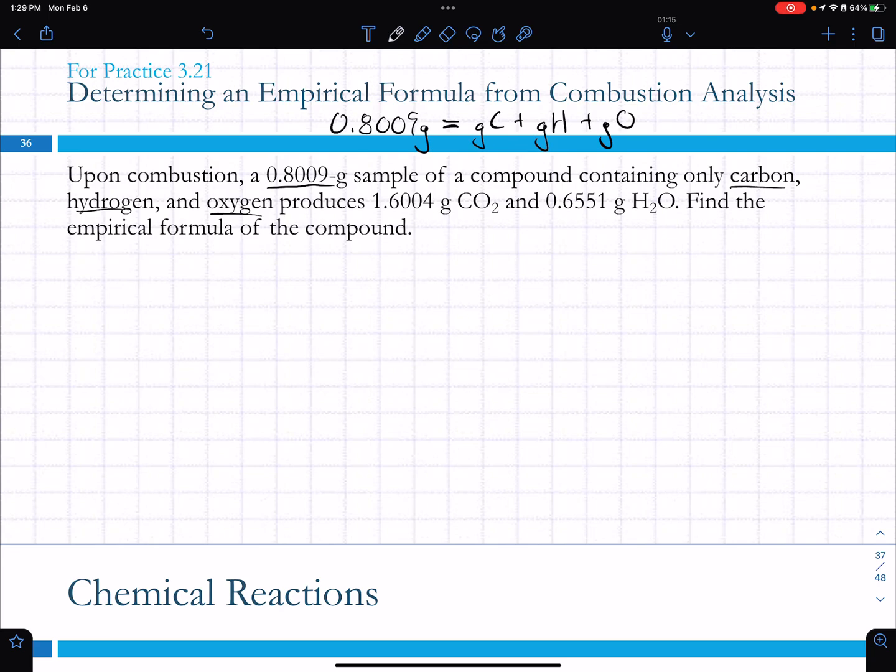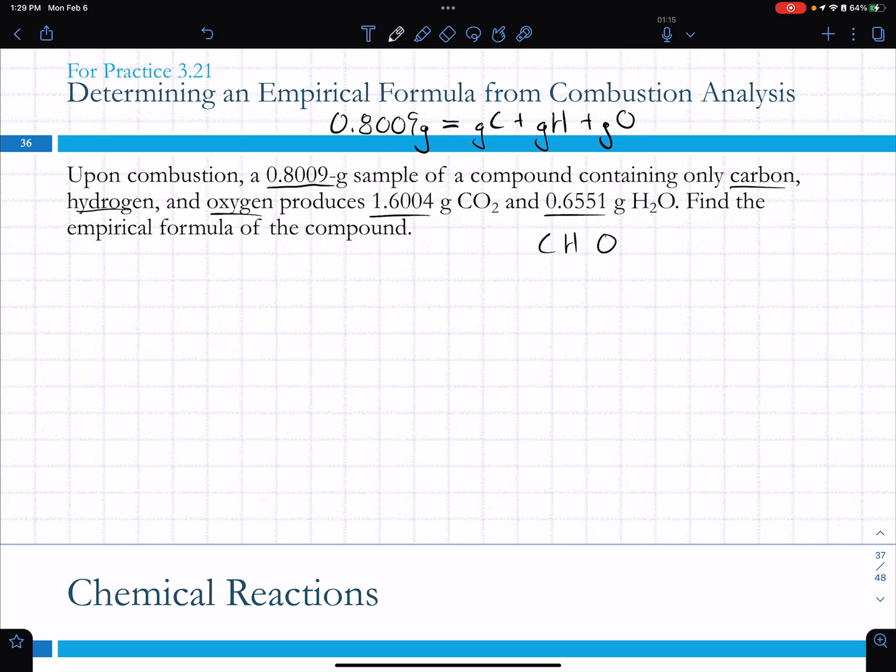Now, we know that it produces 1.6004 grams of CO2 and 0.6551 grams of H2O, or water. Find the empirical formula of the compound.